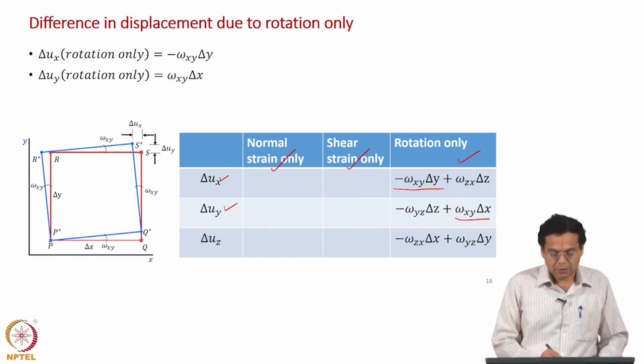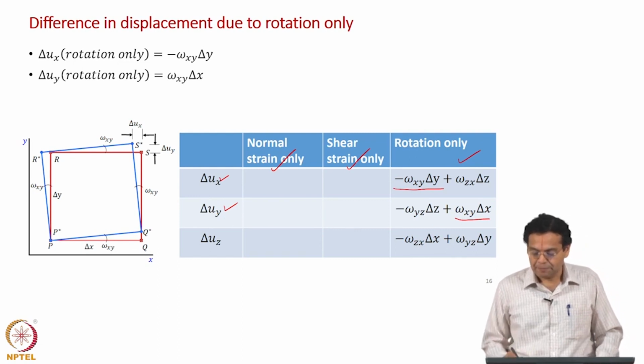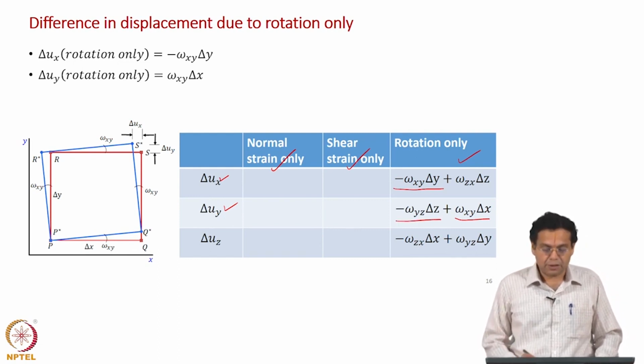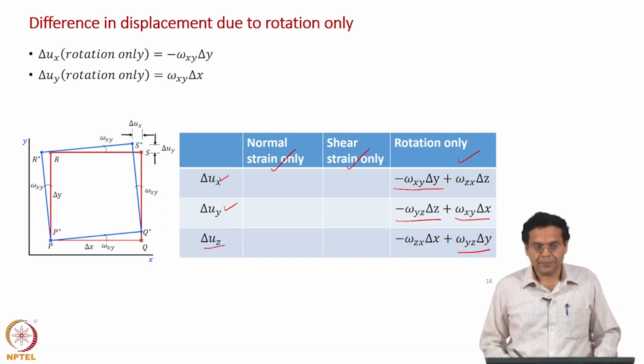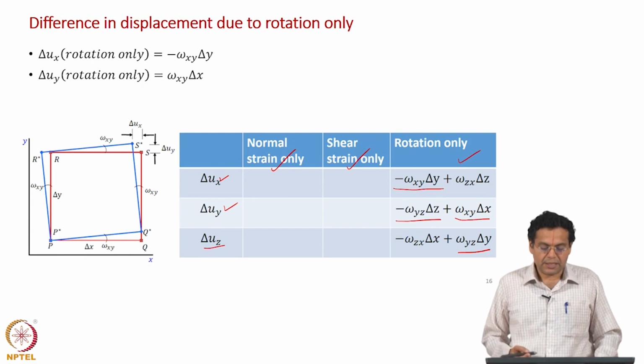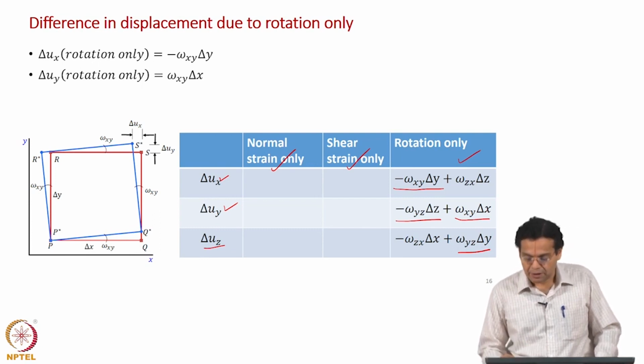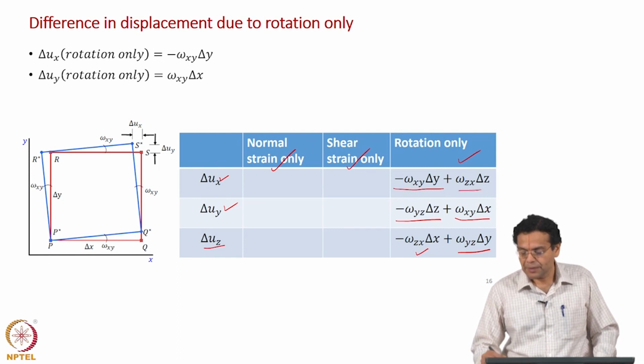So, now consider rotation in yz plane, it will contribute to the y direction, and that is this term. It will contribute to the z displacement, that is this term. Now consider rotation in the zx plane, that will contribute to z displacement, will also contribute to x displacement.